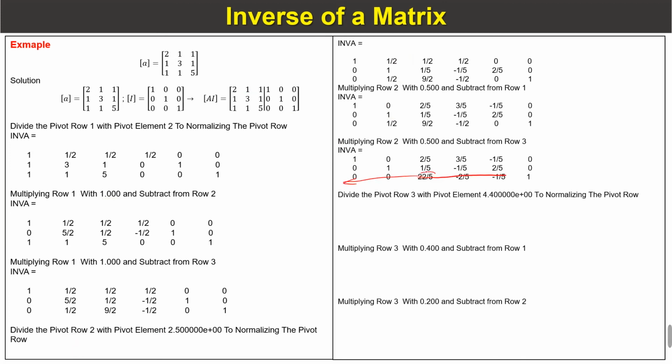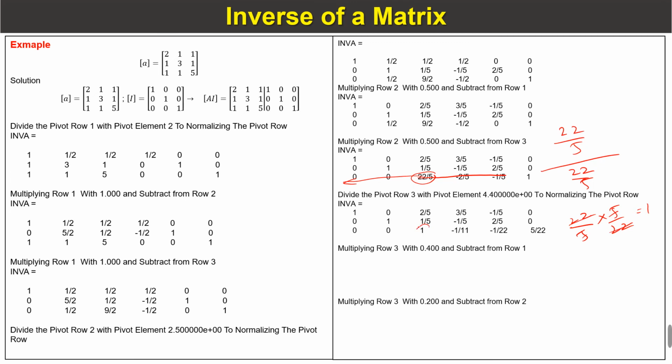Okay, now we will make this one 1 again by dividing by 22 by 5, which means multiplying by 5 by 22. So this will cancel out and become 1. First we normalize this row, and after normalizing we have the pivot element as 1, and now we will make the off-diagonal elements, these two terms, 0.